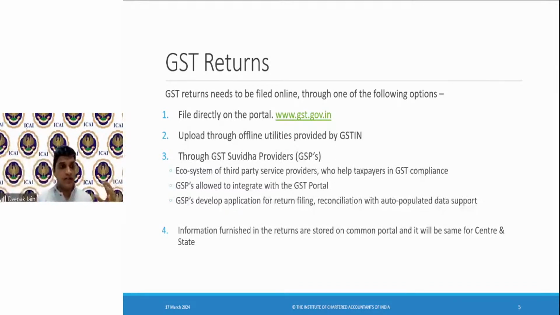And you want that your accounting records, the software through which you are maintaining records, from there some data integration should happen and it should go through to the return. In that case, these GST Suvidha providers help you in finding a link and reporting the data to the GST portal directly. GST Suvidha providers, also called GSPs, are an ecosystem of third-party service providers who help taxpayers in GST compliance.